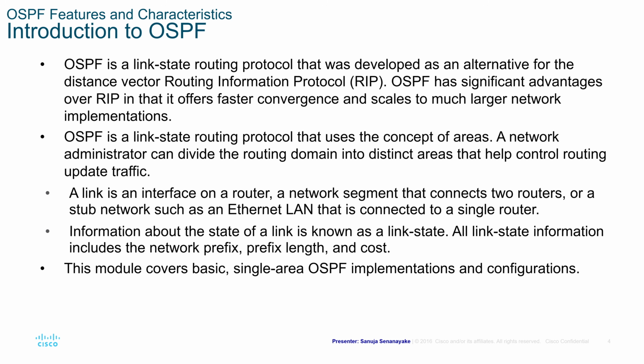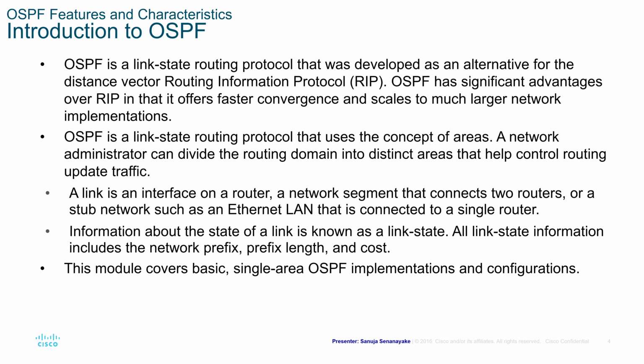So OSPF is a link state routing protocol that uses the concept of areas. The network administrator can divide the routing domain into distinct areas that help control routing update traffic. A link is an interface on a router, a network segment that connects two routers, or a stub network such as an Ethernet LAN that is connected to a single router.